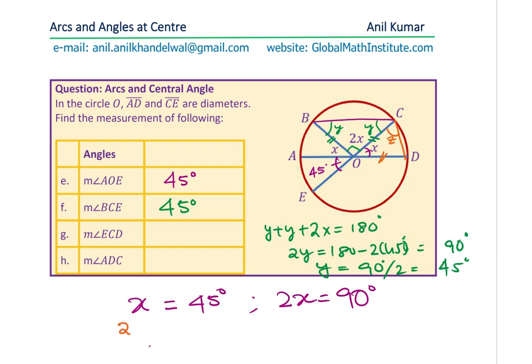Well, we know 2z plus 45 degrees this time is 180 degrees, and therefore the value of 2z should be equal to 180 degrees minus 45 degrees.